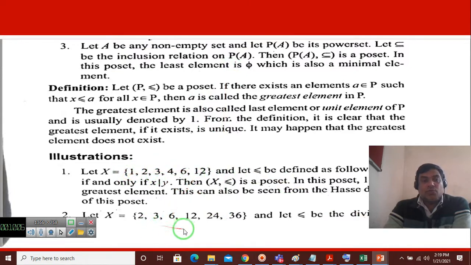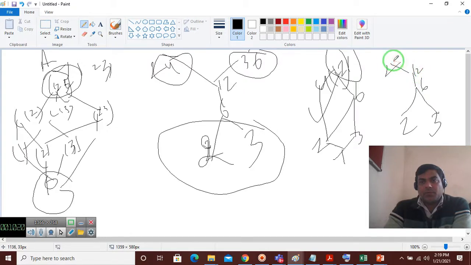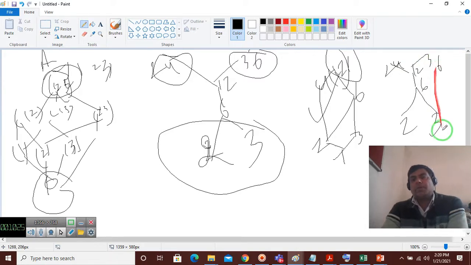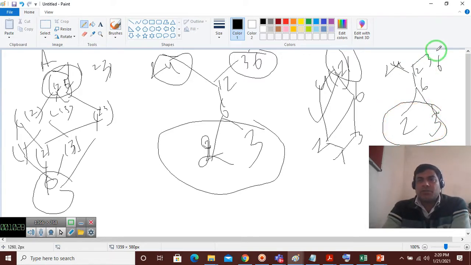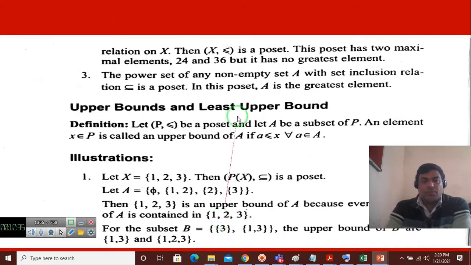But for the set {2, 3, 6, 12, 24, 36}, there is no least element and no greatest element, because they are not unique. So 24 and 36 are the maximal elements, but there is no greatest element.